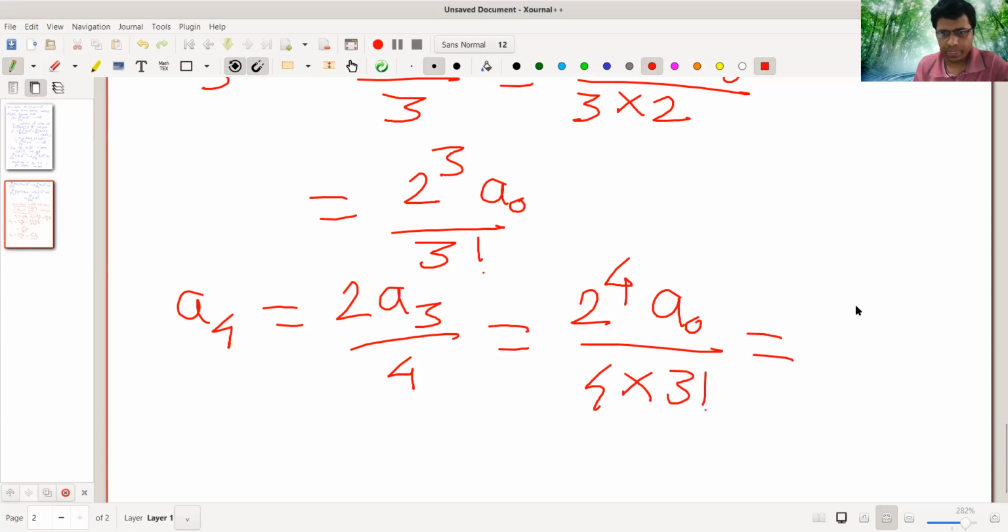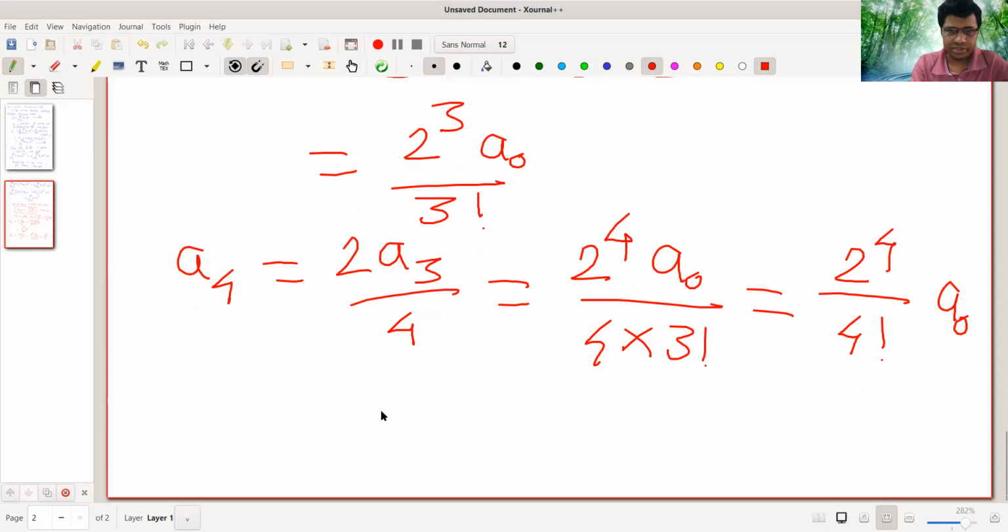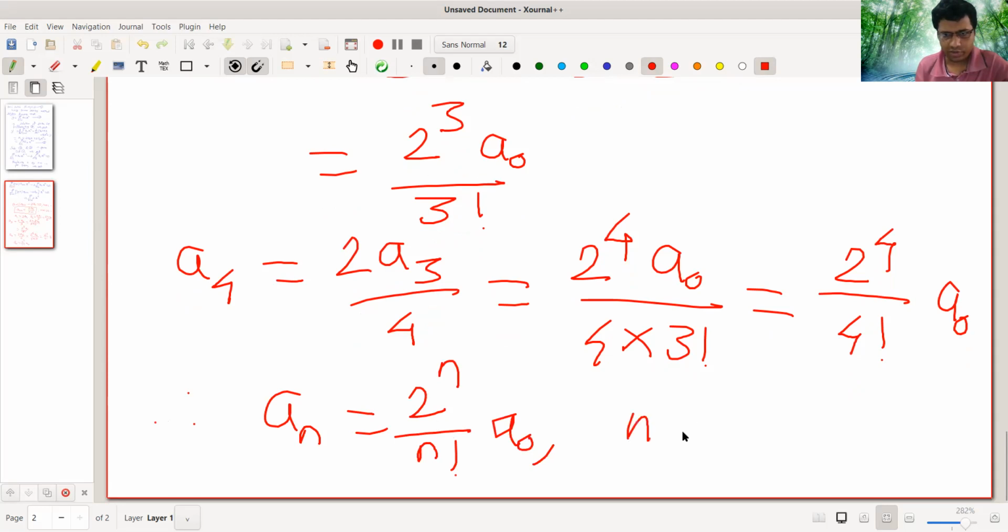This is 2 raised to 4 upon 4 factorial a0. Now we can guess the general term. Therefore, an is 2 raised to n upon n factorial a0, n equal to 1, 2 and so on.